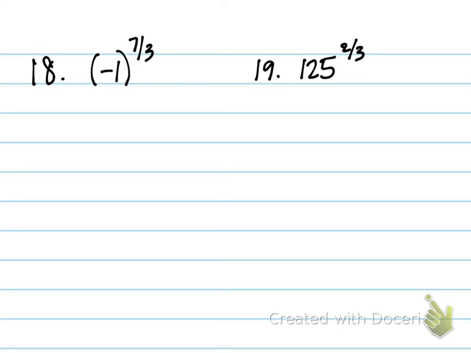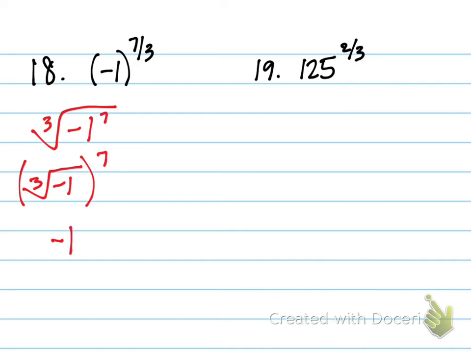So then we have negative 1 to the 7 over 3. That would be the same thing as writing the cube root of negative 1 to the 7th power. Well, the cube root of negative 1, I'm going to rewrite it like this. The cube root of negative 1 is just negative 1.